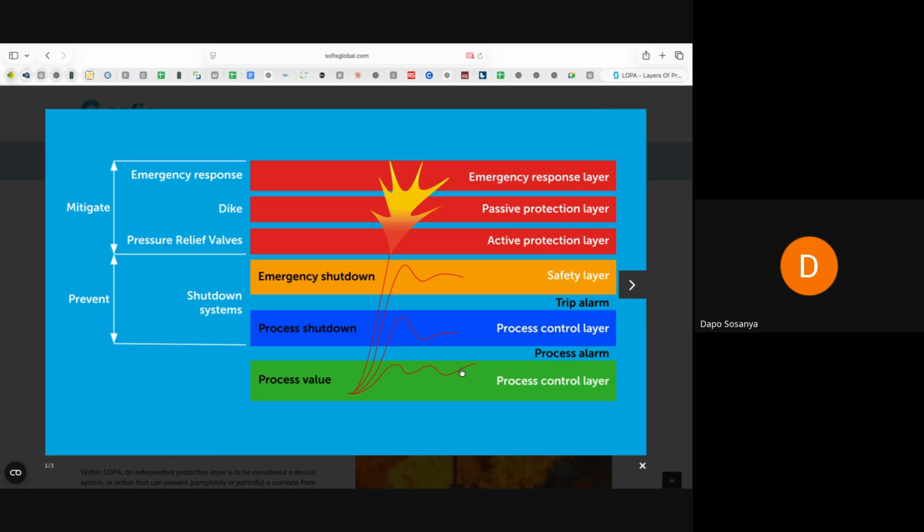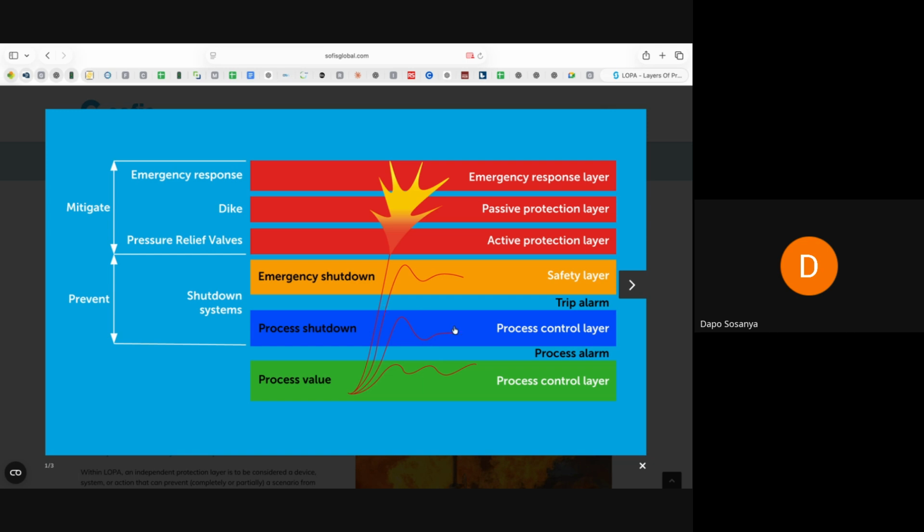Once this process begins to stray to the edge of this green layer, the process alarm will become active to warn you that your parameters are going outside the defined limits. And then if it goes from here and gets into this area, it will have passed your normal process alarm.